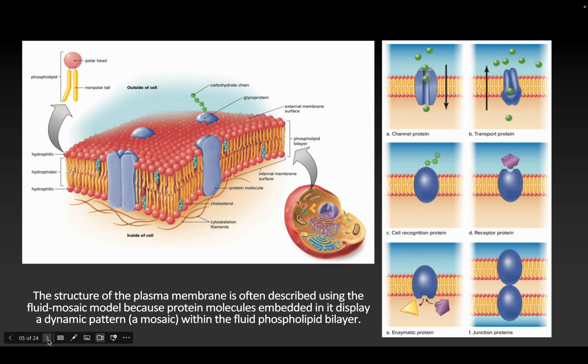The long-standing model is the fluid mosaic model, which describes the plasma membrane as a structure with a dynamic, mosaic pattern, because the proteins embedded in it and the phospholipids are not stationary, and rather they are moving. They are not static. They're dynamic molecules that do not stay at a particular location for the entire duration of the life of the cell.